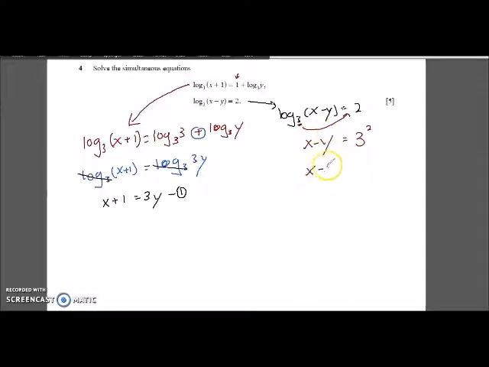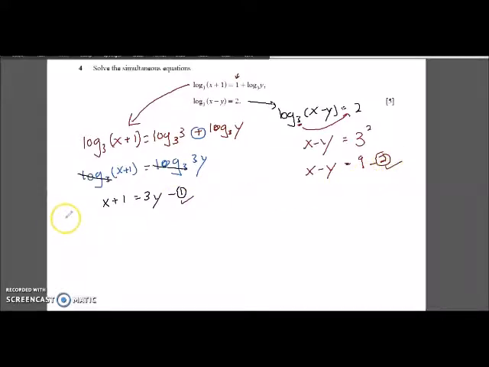Alright, so I will just simplify this. x minus y equals to 9. Okay, now we have two new equations, which is this one and this one.